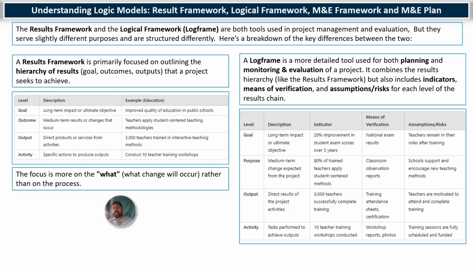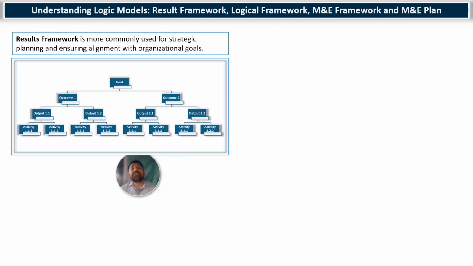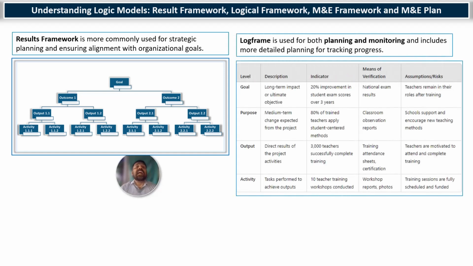It combines the result hierarchy like the results framework, but also includes indicators, means of verification for each level of the results chain. A result framework is more commonly used for strategic planning and ensuring alignment with organizational goals, while a logframe is used for both planning and monitoring and includes more detailed planning for tracking progress.